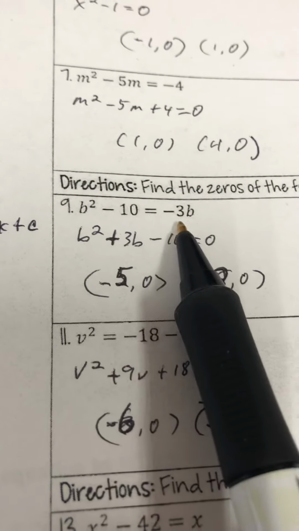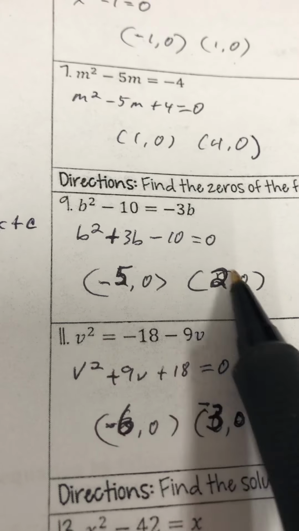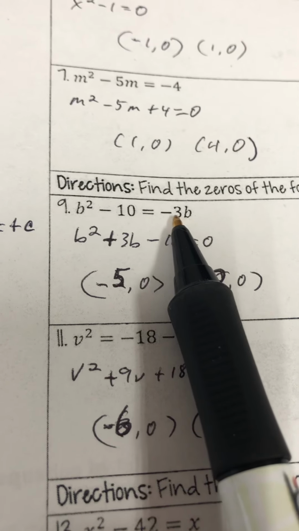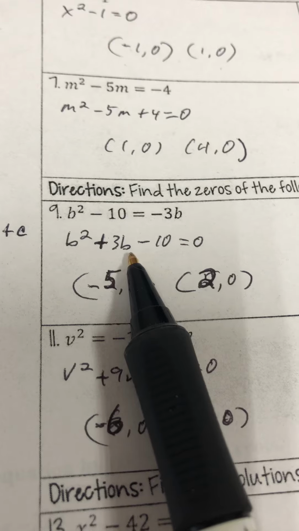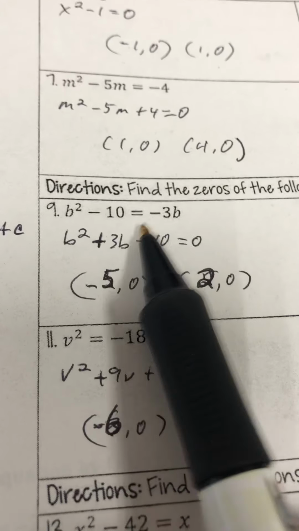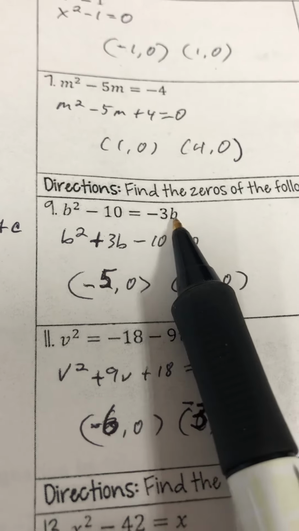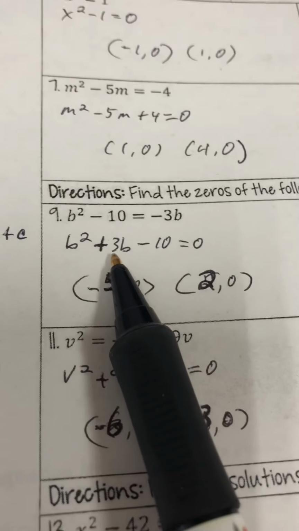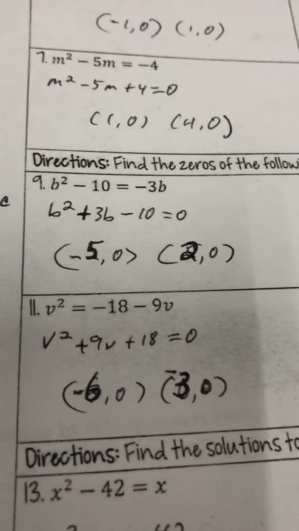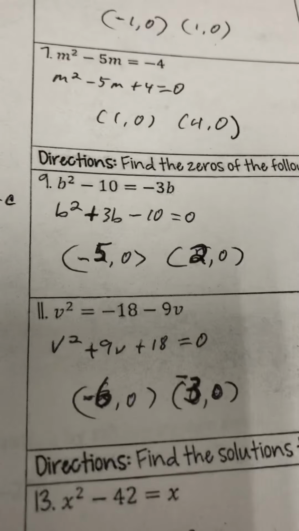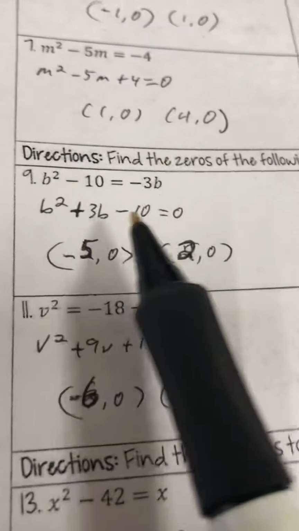Notice I did make a mistake. You can see how I wrote over some numbers because I forgot to change the sign. I made it negative 3b over here. No, I've got to get rid of the negative 3b on this side, so I have to add 3b to both sides. So this needed to be a plus 3b. Just pointing out, watch when you're moving those from one side of the equation to the other, that when you do that, you change the sign.